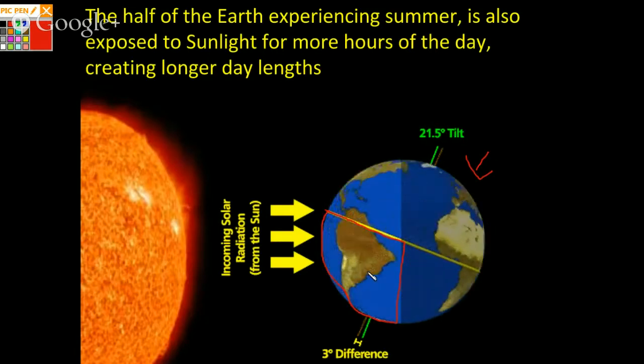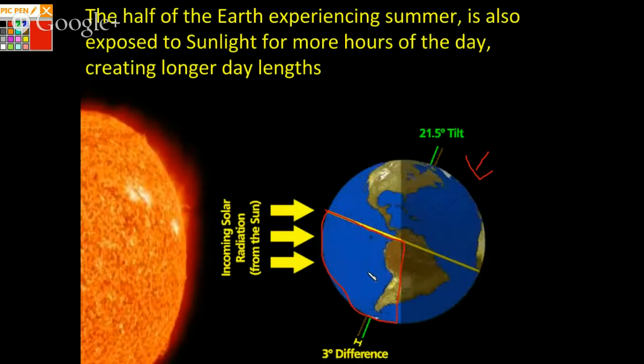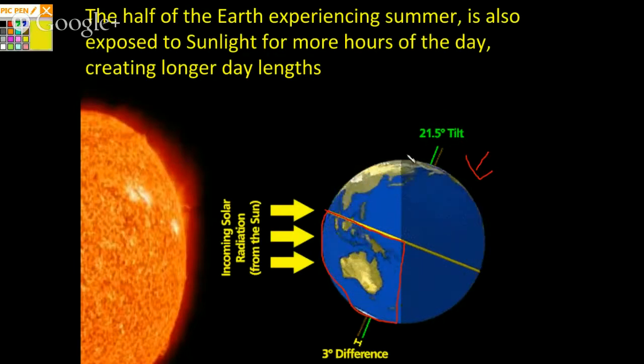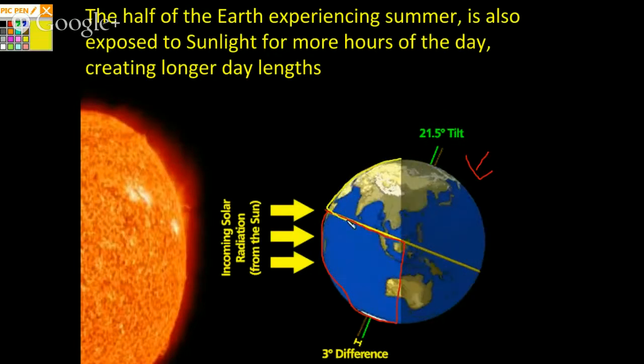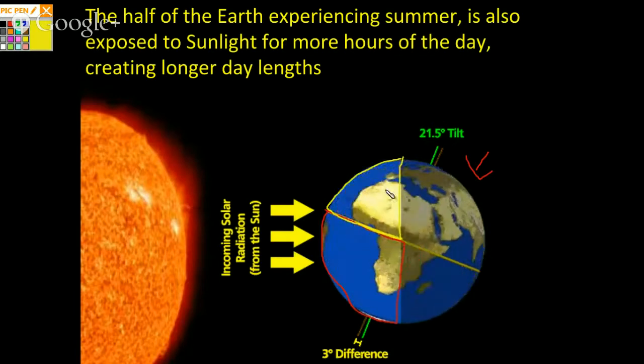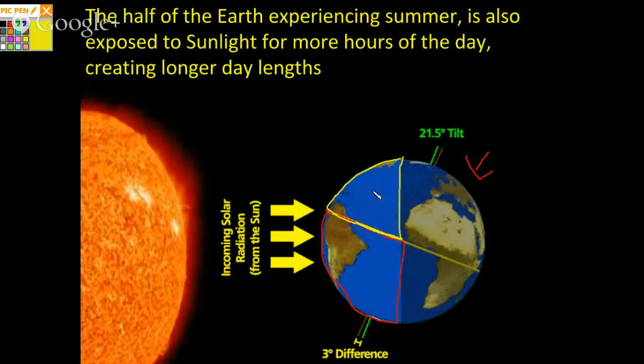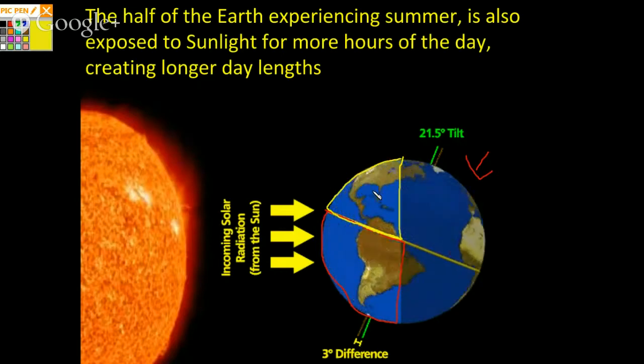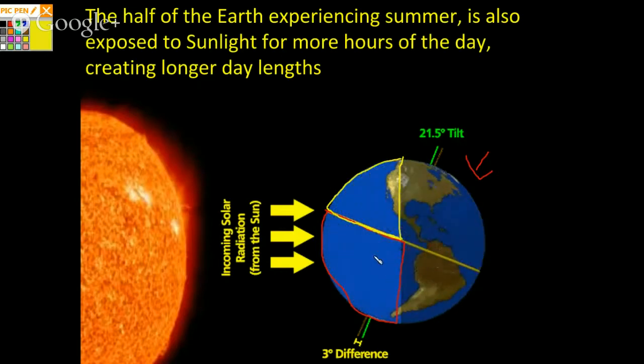This is the amount of the Earth exposed to the sun during the summer because, again, the southern hemisphere is experiencing the summer. Now in this northern area, they're experiencing winter. You can see a much smaller pie piece during winter, so they're exposed to the sun for much fewer hours of the day in the winter time.